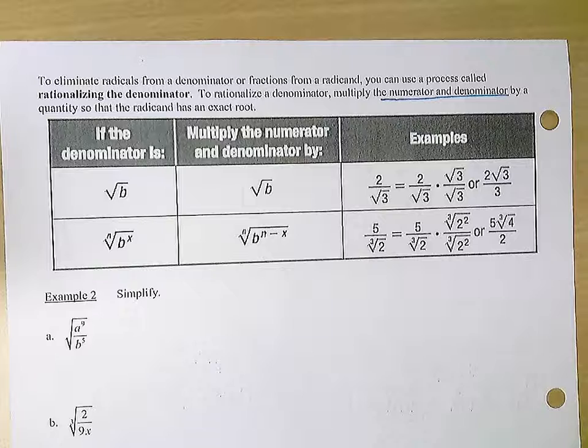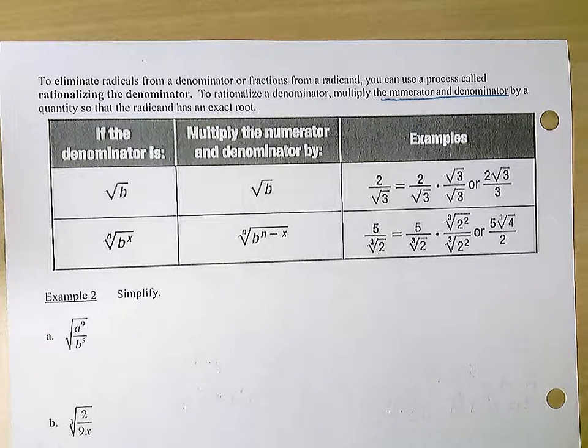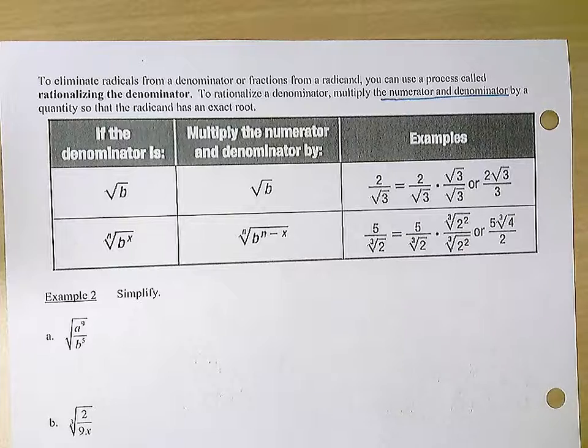Okay, so you're multiplying by a version of 1. You have to multiply by a version of 1, meaning you're multiplying the same number to the numerator and the same number to the denominator. Okay, that's just 1, so you're not changing the number itself.